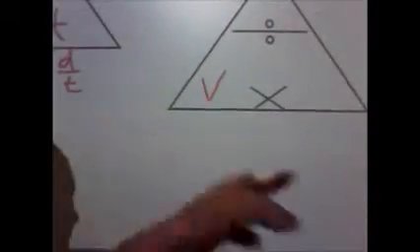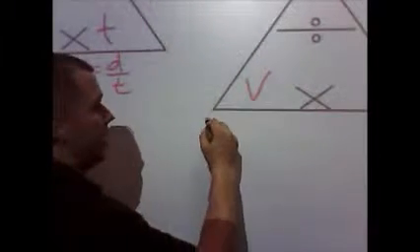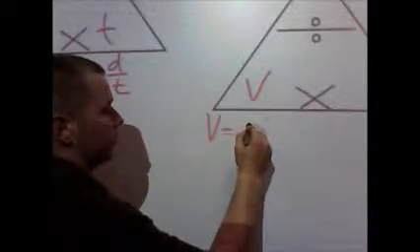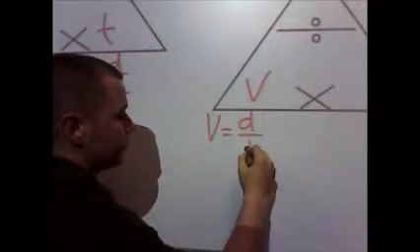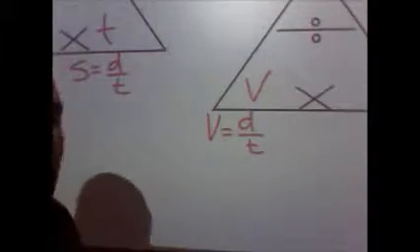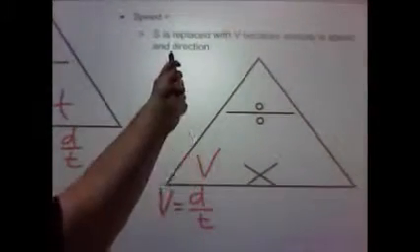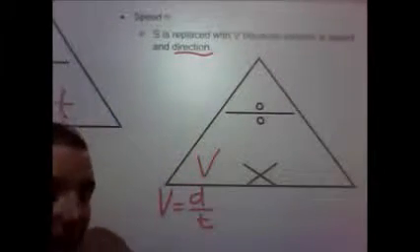Instead of speed equals distance over time, it is velocity equals distance over time. Okay? And then velocity will also include a direction. Speed and direction. That is velocity.